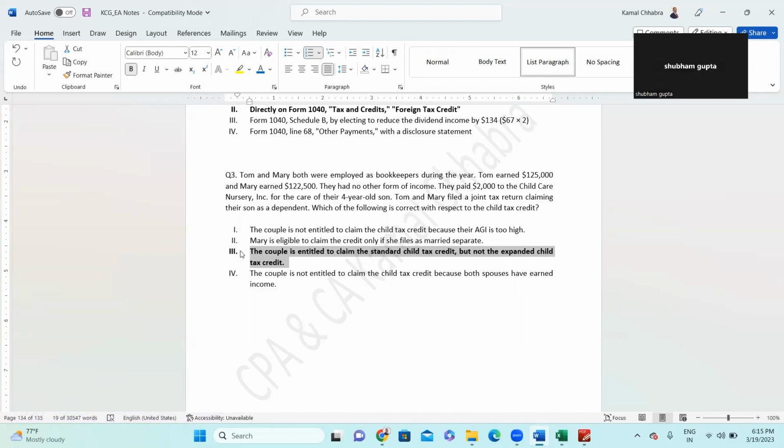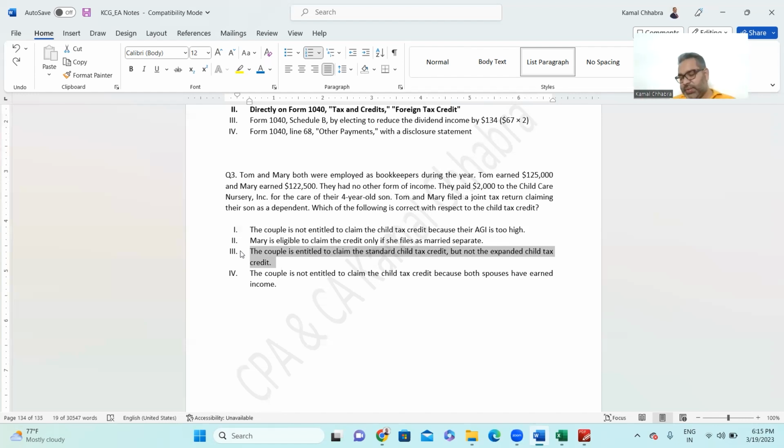No, sir. Sir, it's written that the second is fine, but the third one is also standard child tax credit and the expanded. What's the difference between the standard and the expanded?